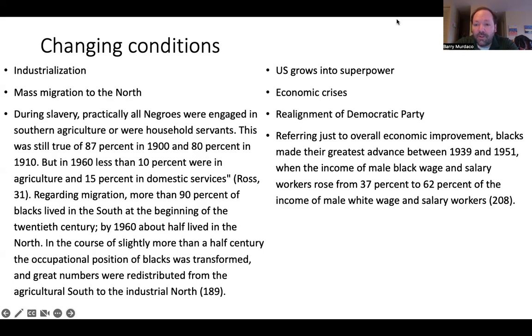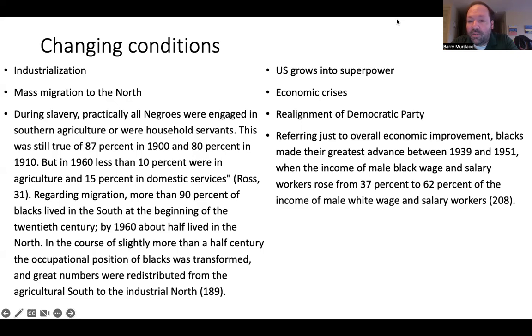This next part refers maybe to this idea of rising expectations as well. As they write here, referring just to overall economic improvement, Blacks made their greatest advance between 1939 and 1951, when the income of male Black wage and salary workers rose from 37% to 62% of the income of male white wage and salary workers.